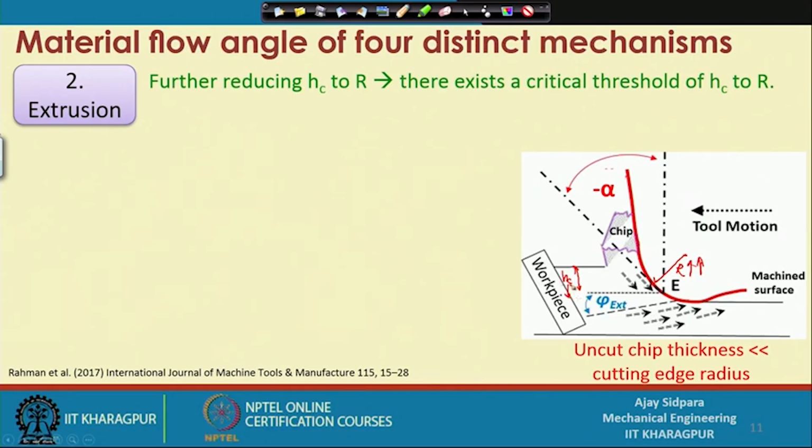So, your uncut chip thickness is small, but R is very large. Here there exists a critical threshold of HC by R. What is this critical threshold for?